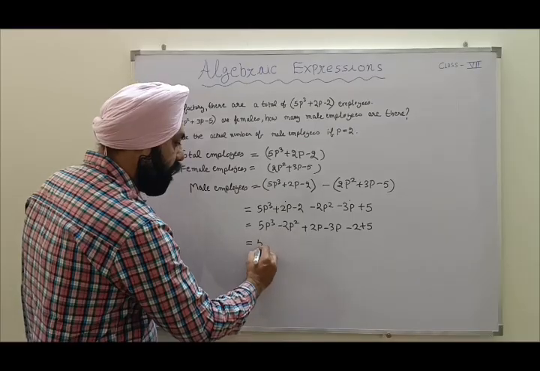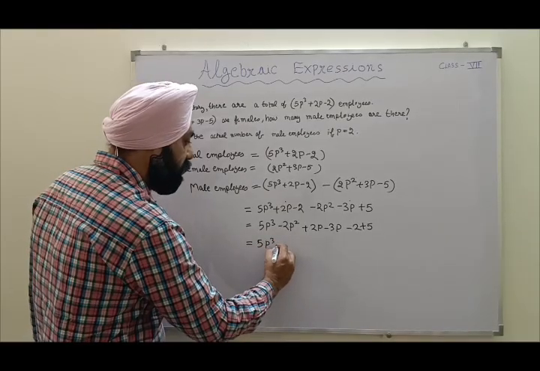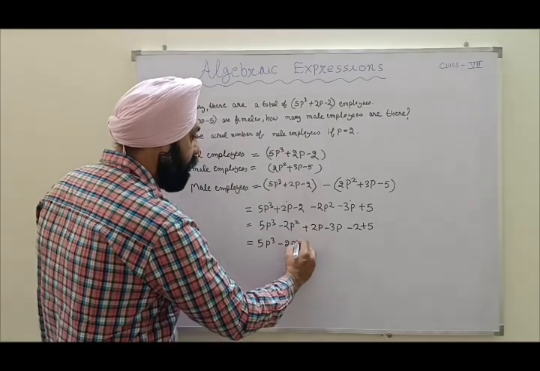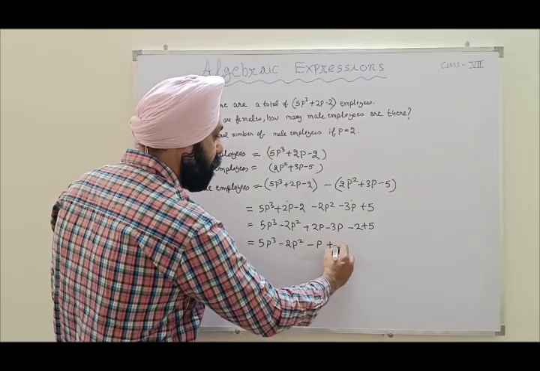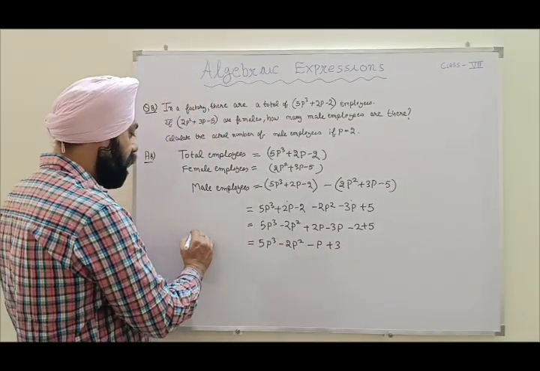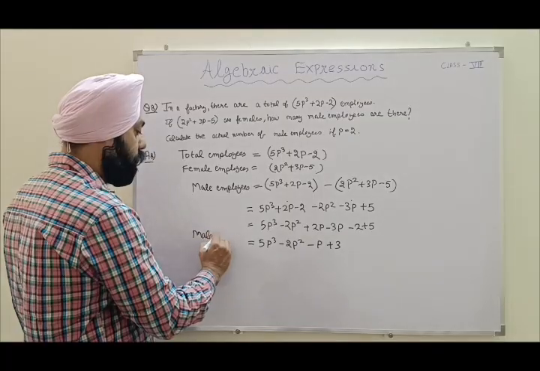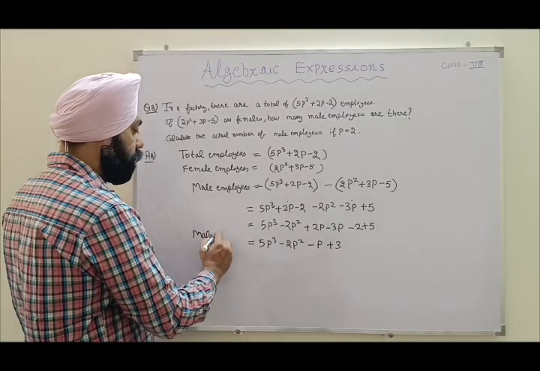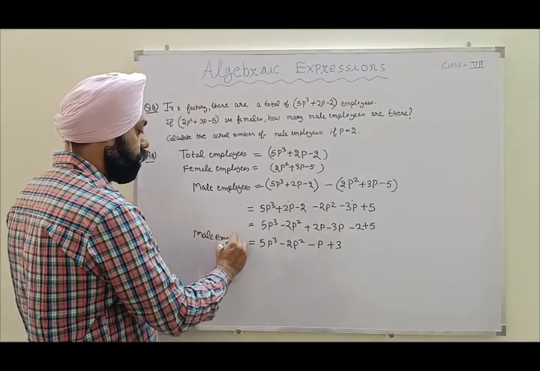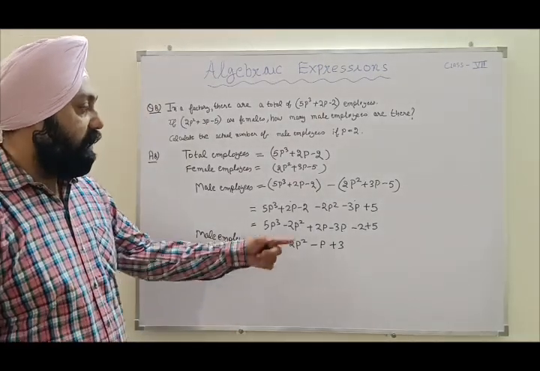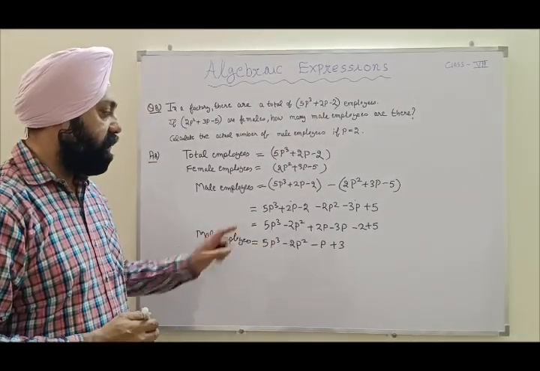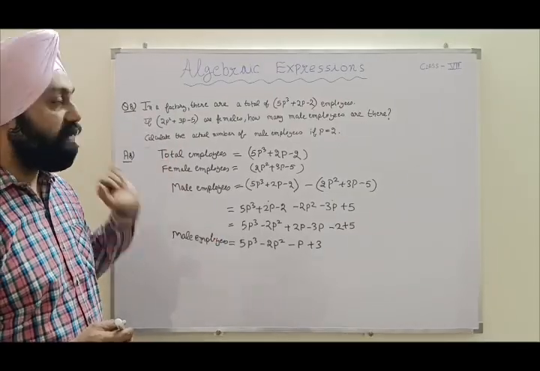So the simplified form of this expression will be 5p cube minus 2p square minus p plus 3. So these are the male employees. These are all unlike terms which cannot be simplified. So this is the answer for the first part.